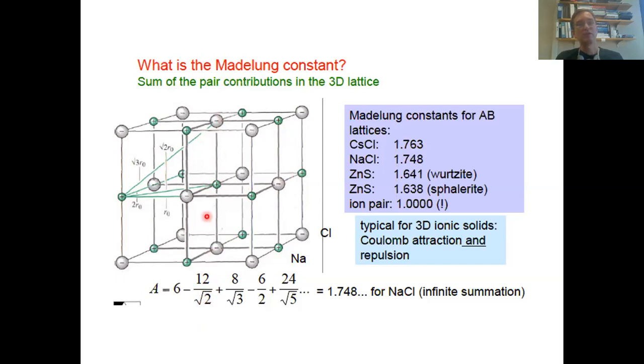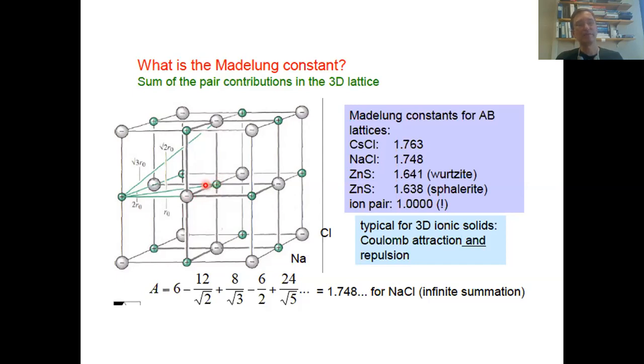That is because the distance between this cation here and an anion in the first coordination sphere is half of the edge length of the unit cell.